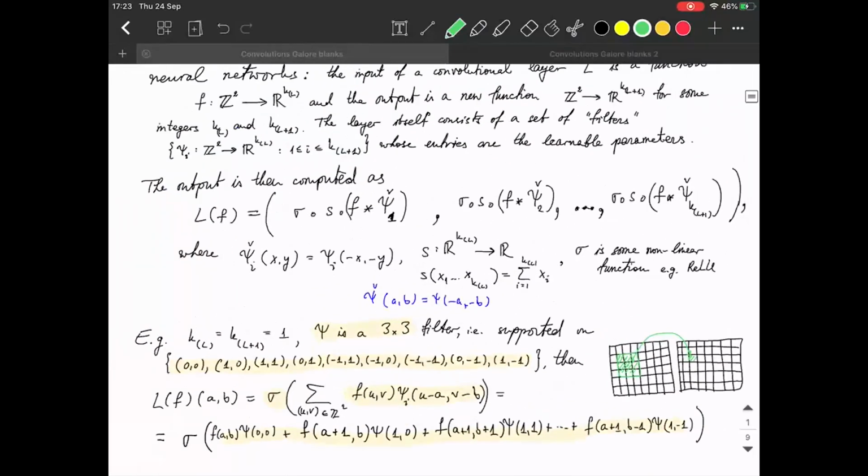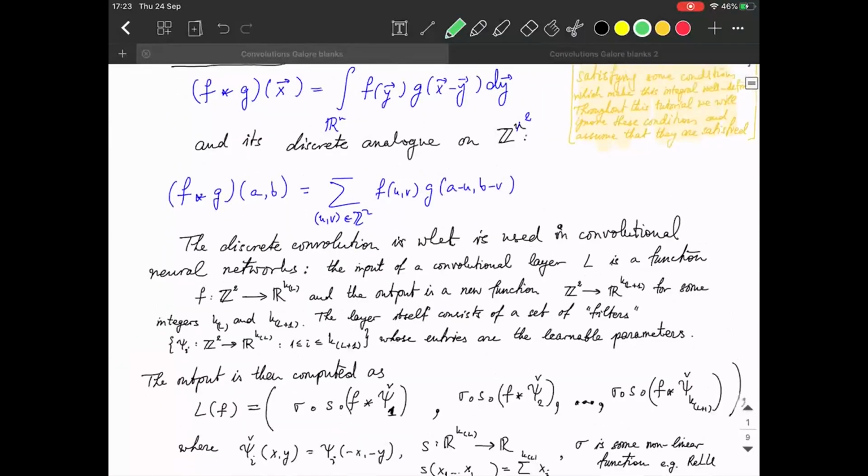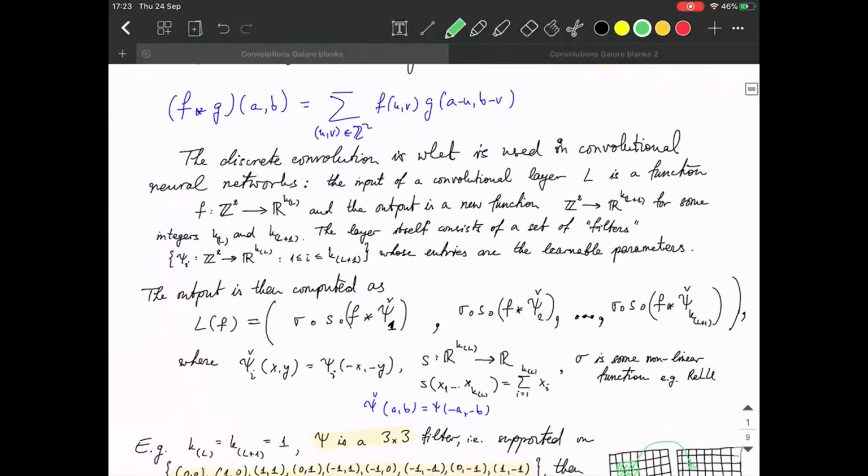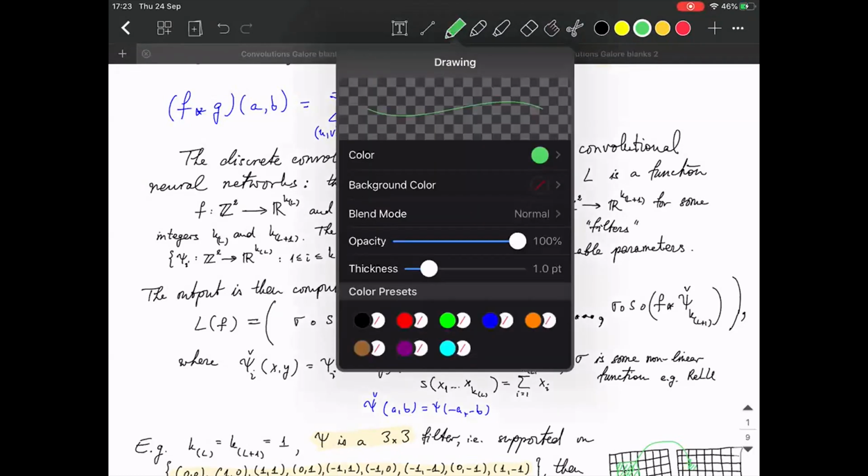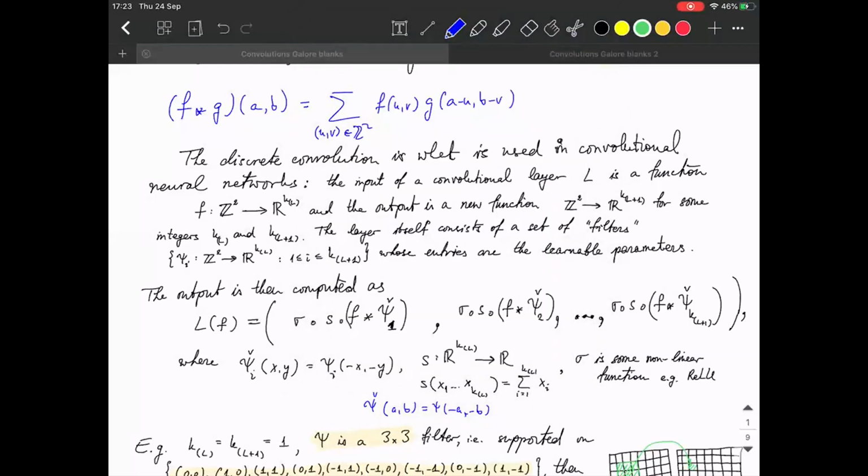Now, let's make a few simple observations here. The first thing is that the object that really helped us define this convolution on R^n or on Z^n was the existence of a kind of shift operator on R^n or on the square.